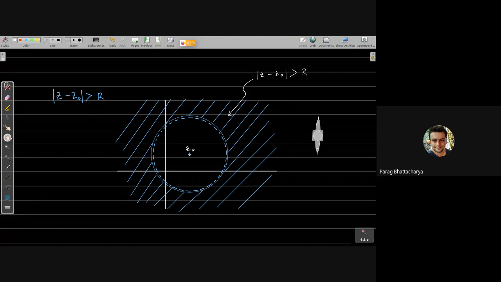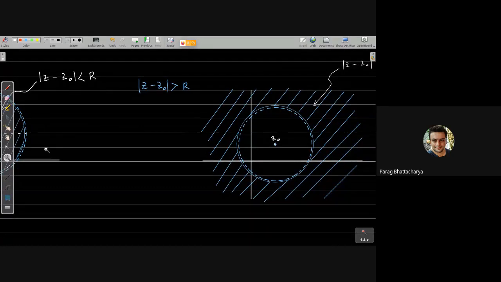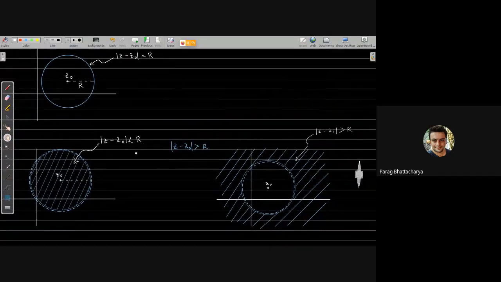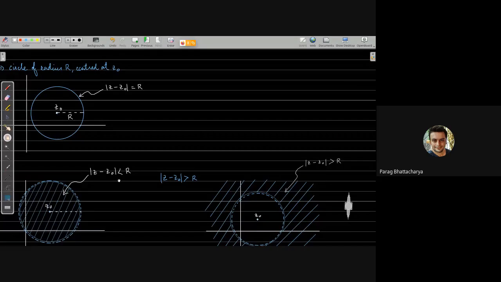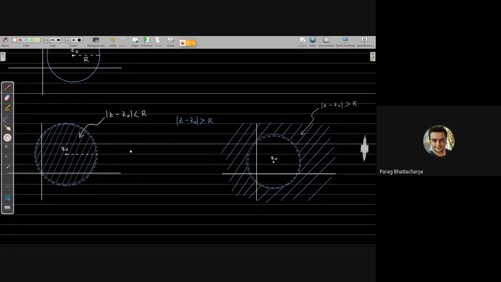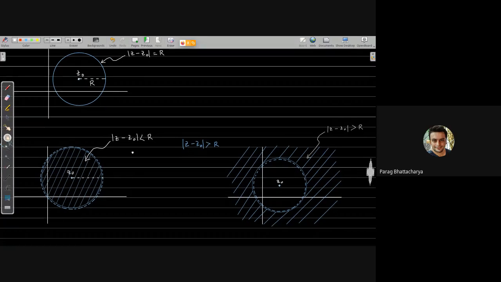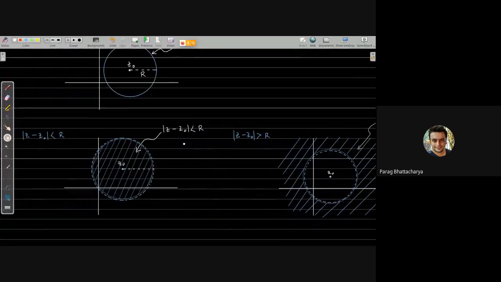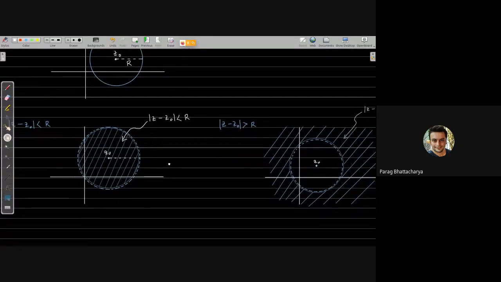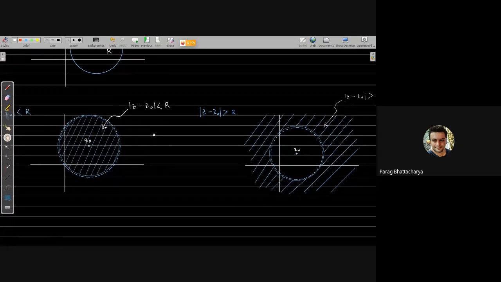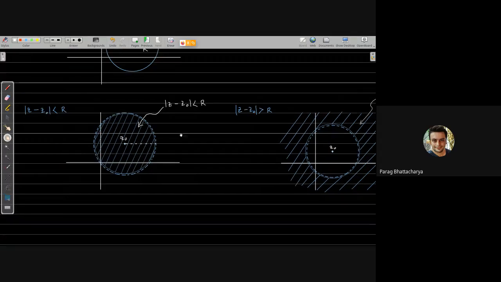What if it was |Z minus Z naught| less than or equal to R? Then what will happen? Anyone? Anybody? What about |Z minus Z naught| greater than or equal to R?